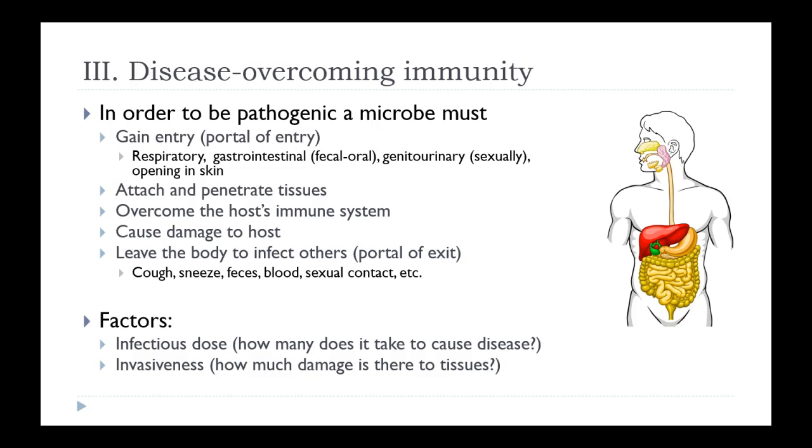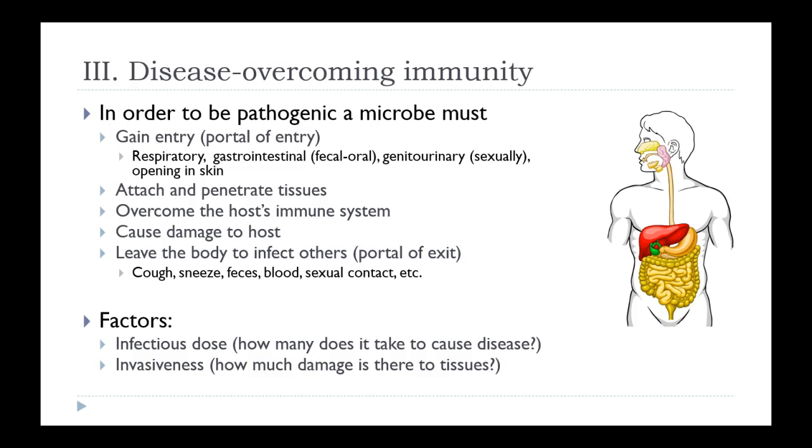Once they gain entry, they have to find a way to attach and get into cells. And so tissues are groups of cells. Attaching to one cell is not going to be a big deal, but when it attaches to several cells that are of that same type, then we would talk about tissues. So it has to attach, and then it has to gain entry into those specific cells.